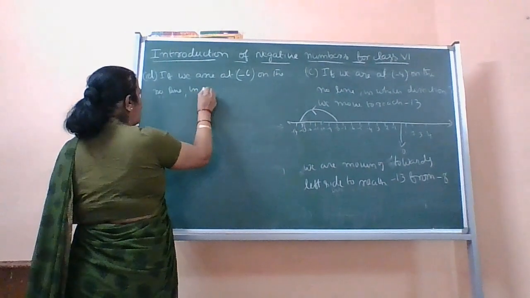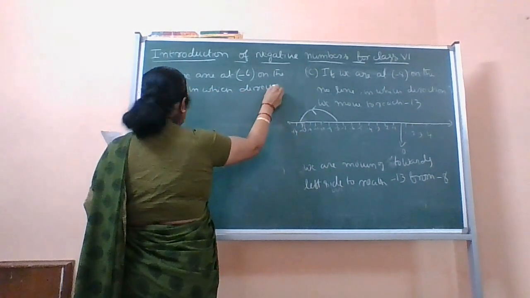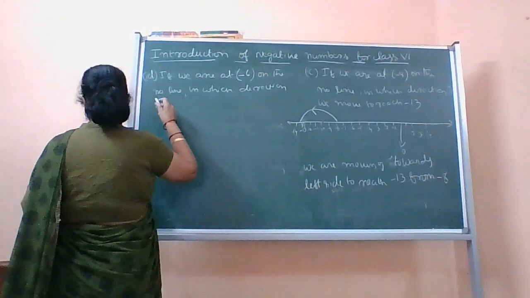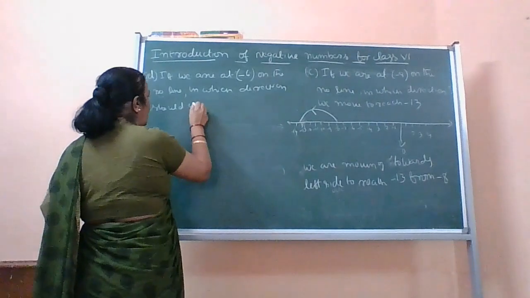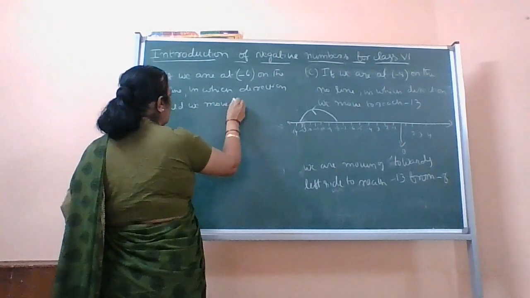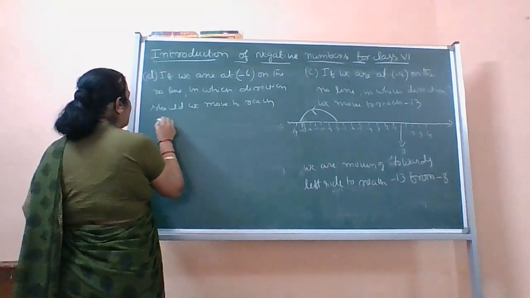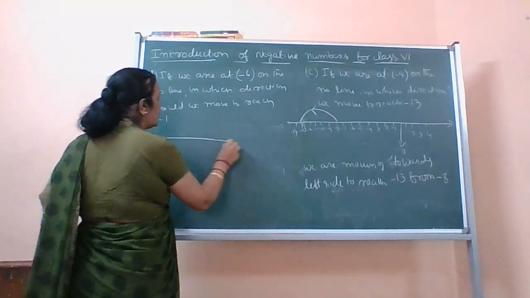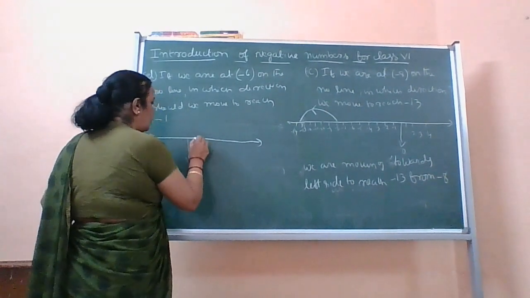In which direction should we move to reach -1? First, draw the number line and write 0 here.